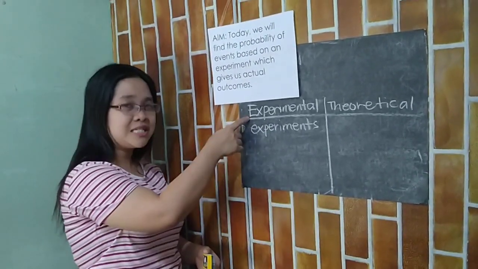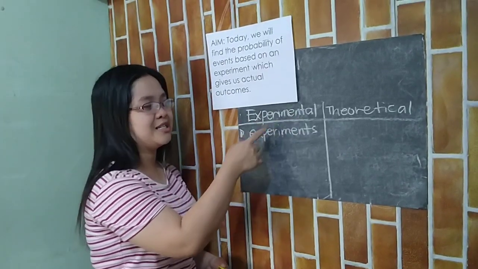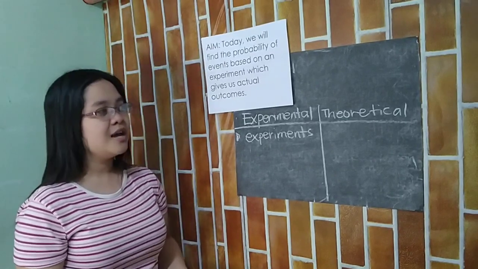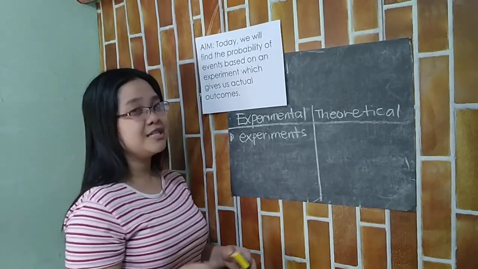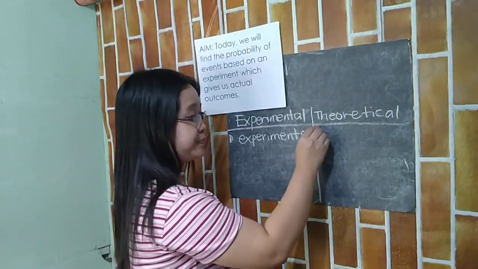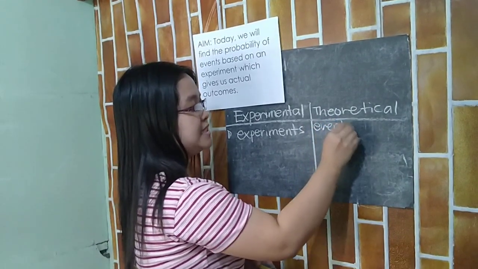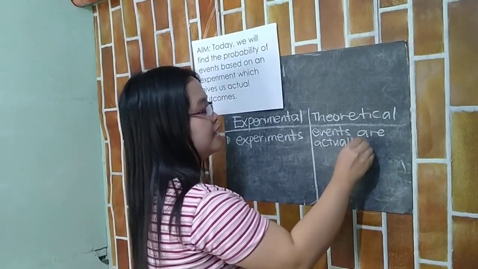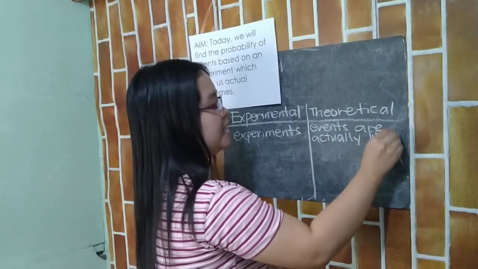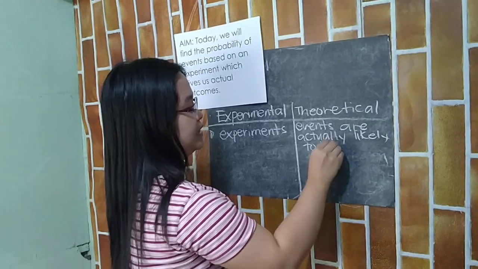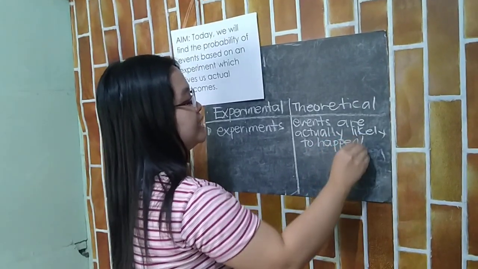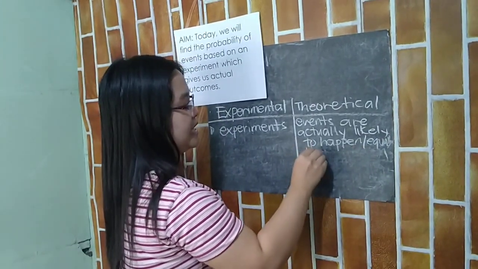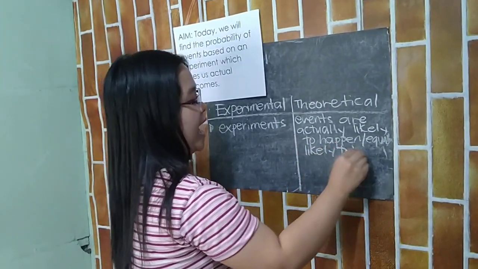Now, on the other hand, theoretical means it is based on the premise that all events are equally likely to happen.